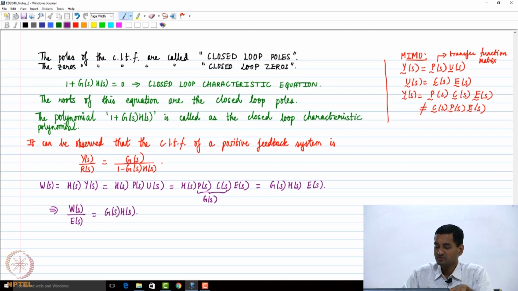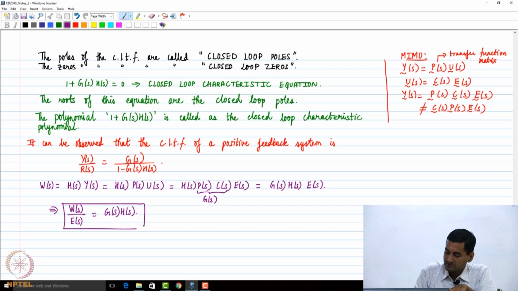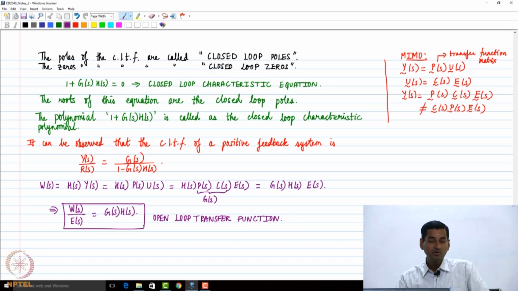This is what is called the open loop transfer function. That's the term which is given to us. Why is it called open loop transfer function?